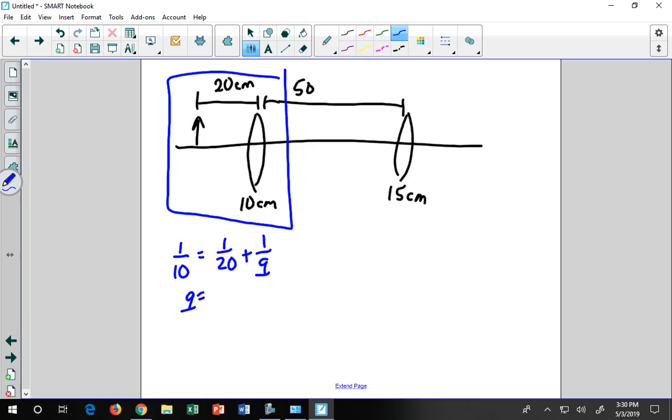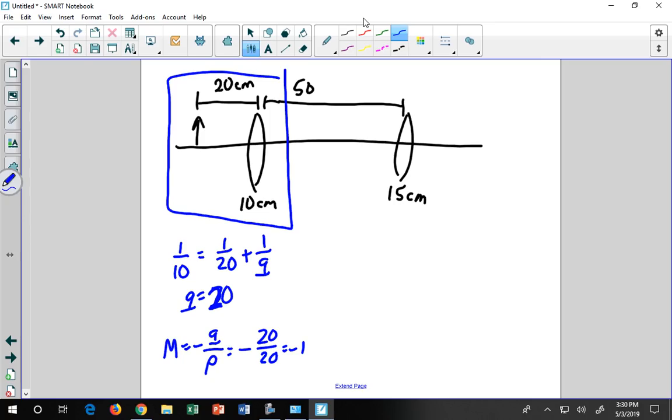You'll find that your numbers are going to be similarly simple. So if you can do those without pulling out your calculator, you'll go faster, but you can use your calculator too. So q is equal to 20, and then also my magnification is negative q over p. So that's negative 20 over 20, which is negative 1.